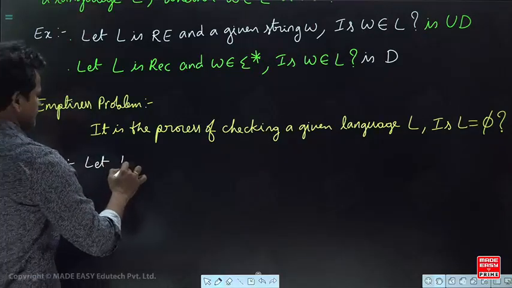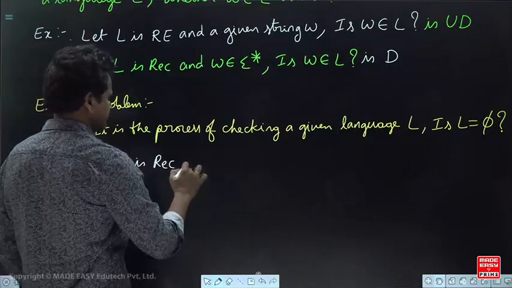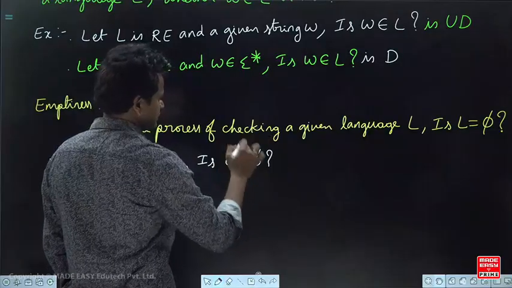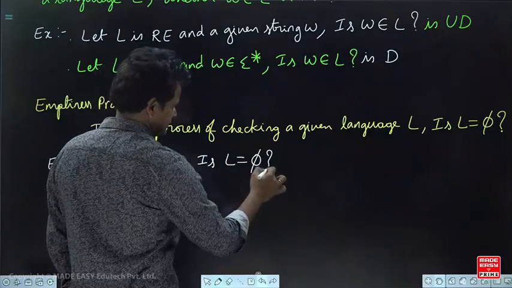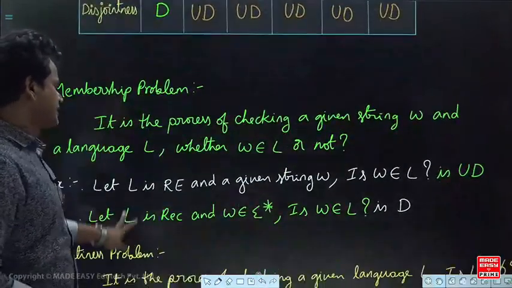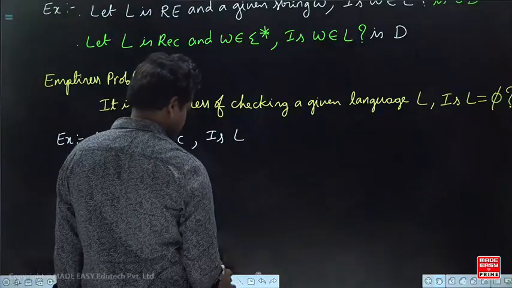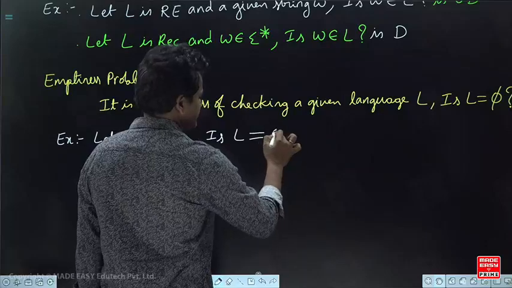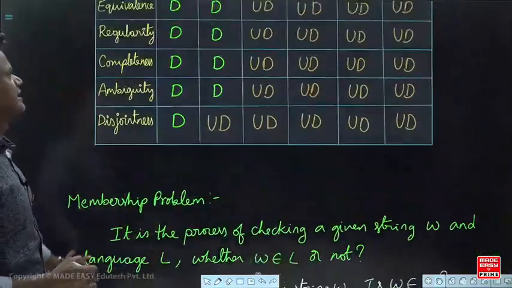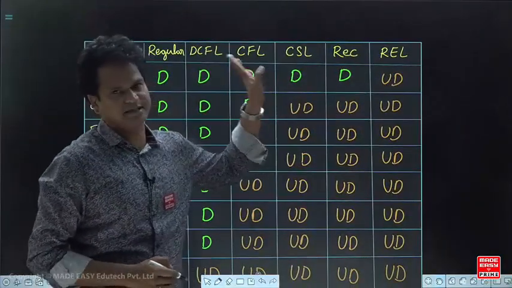Let L is recursive, is L equal to empty? See, recursive, emptiness. Whenever the question is given like this, you must understand that it comes under emptiness. L is REC, emptiness, emptiness is undecidable.